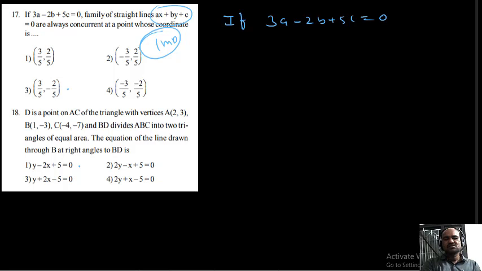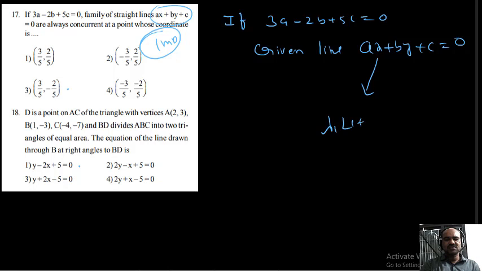So given line ax plus by plus c equal to 0, actually you want to convert this into the form lambda 1 L1 plus lambda 2 L2 equal to 0. Only two parameters are needed, but here three parameters are there, a, b, c. So you want to eliminate any one of them by using the given condition.